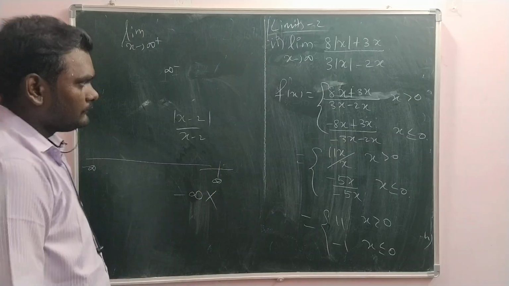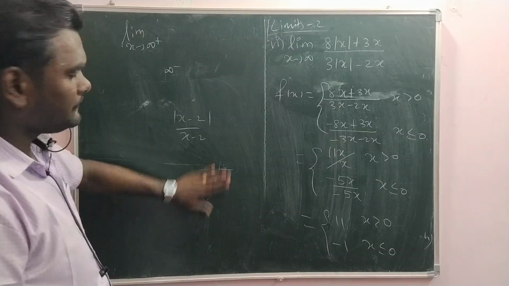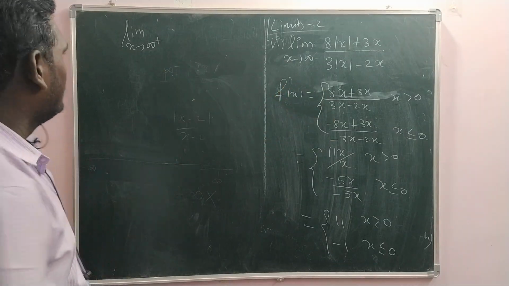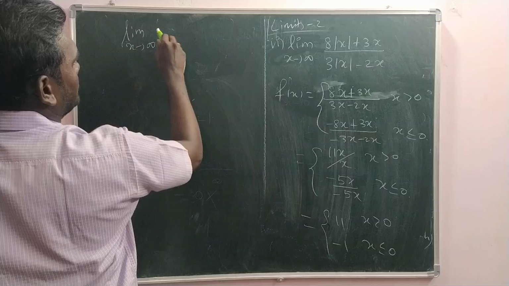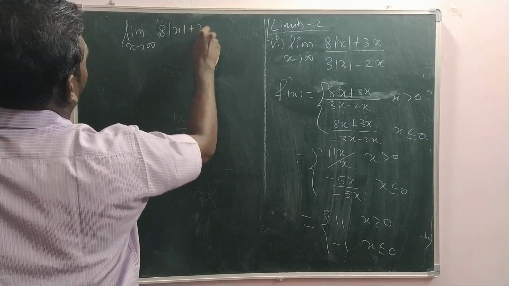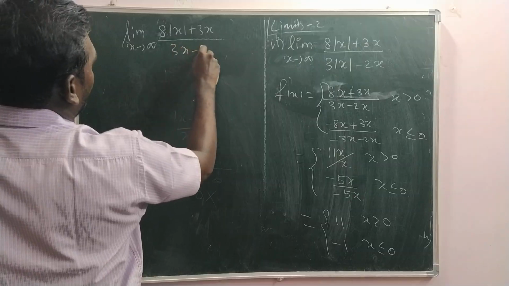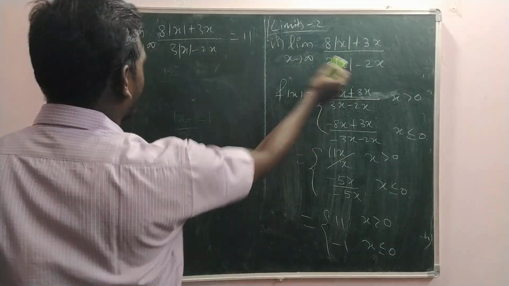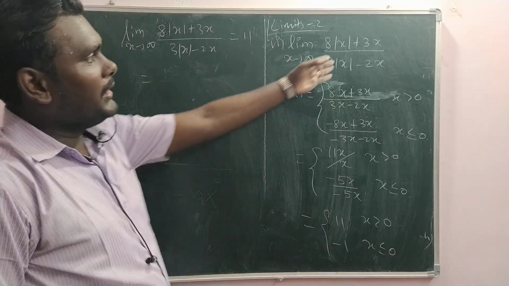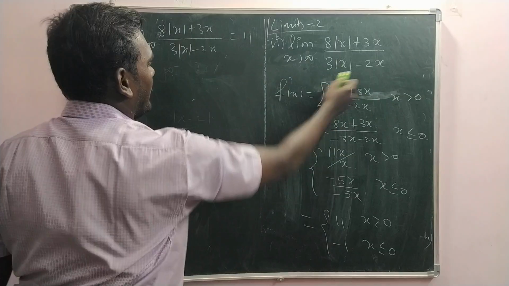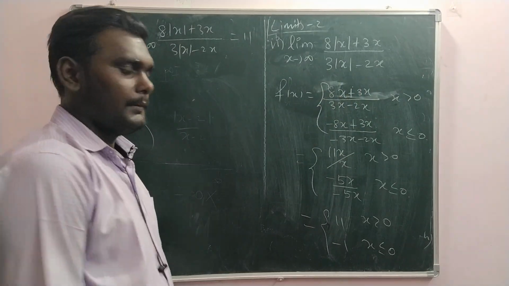So the x value substituted is greater than 0. So what is it? 8 into mod x plus 3x by 3x minus 2x, which is 11. Or else this step is not needed, we take x greater than 0 and calculate this step alone separately.